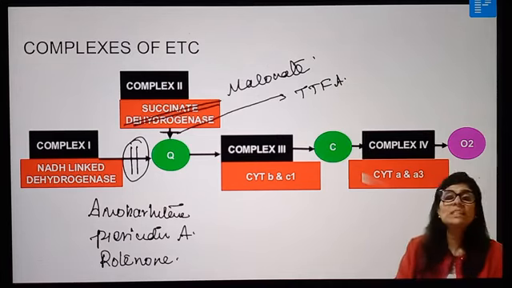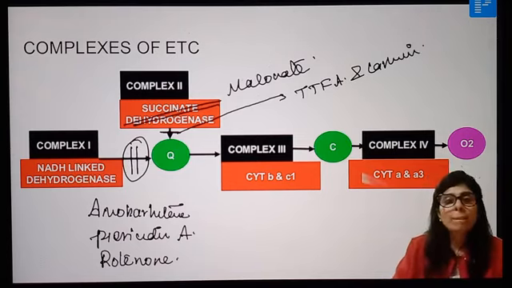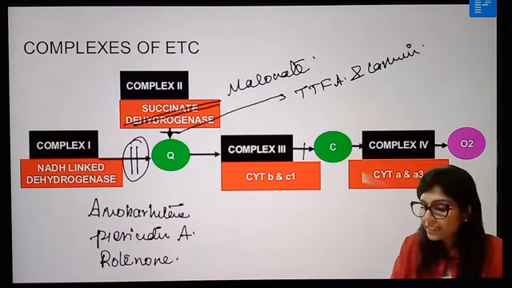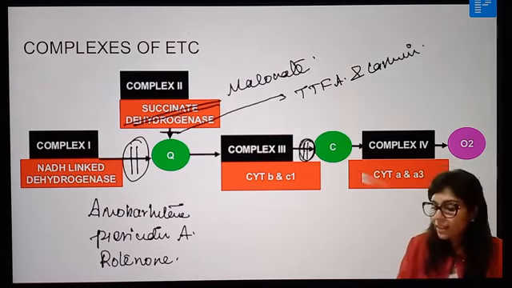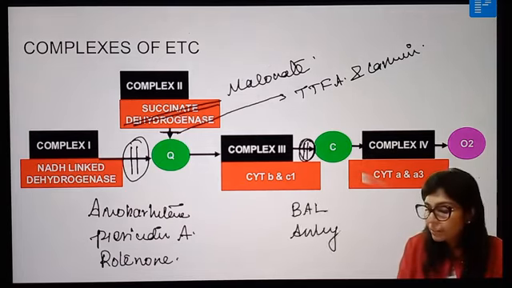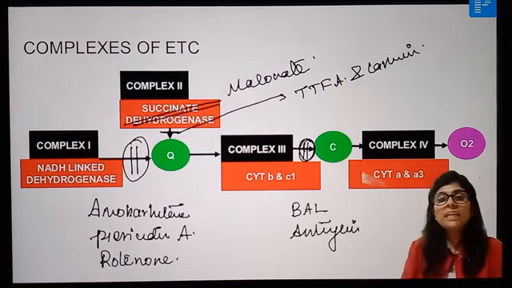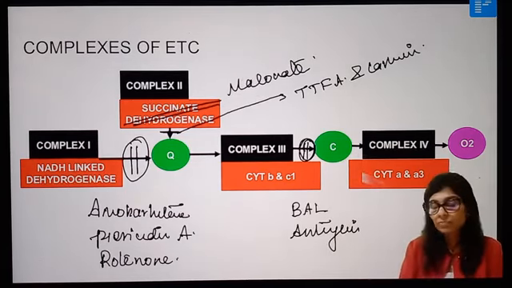Between 2 and Q is inhibited by TTFA and carboxin. Between 3 and C is inhibited by a 3-letter word, BAL, and antimycin. Okay, between 3 and C is inhibited by BAL and antimycin.